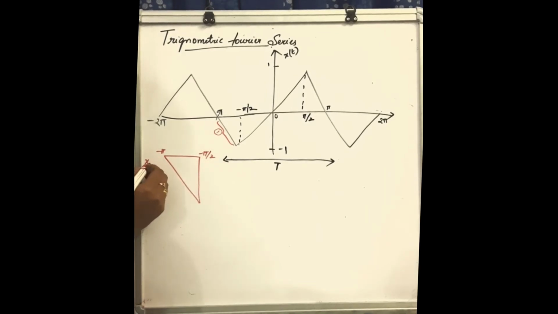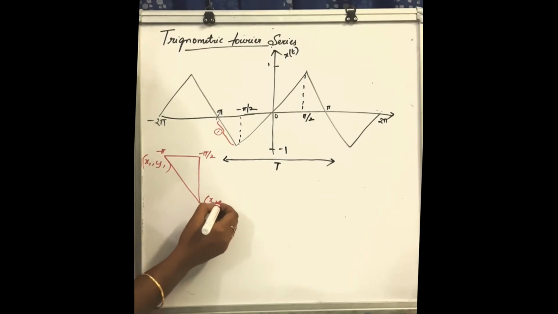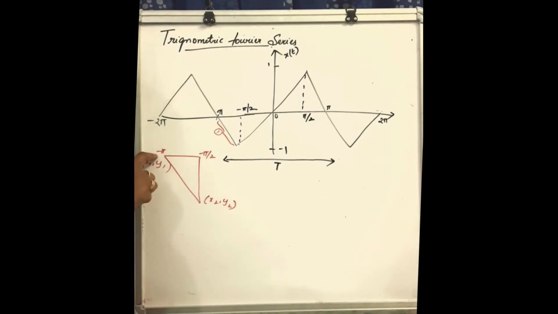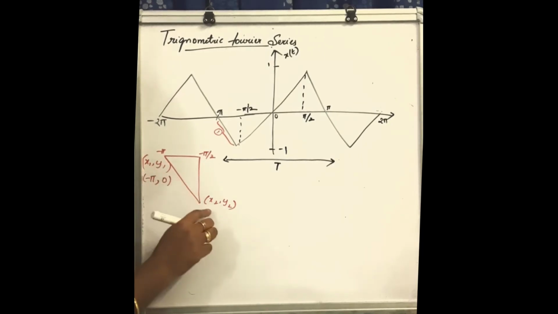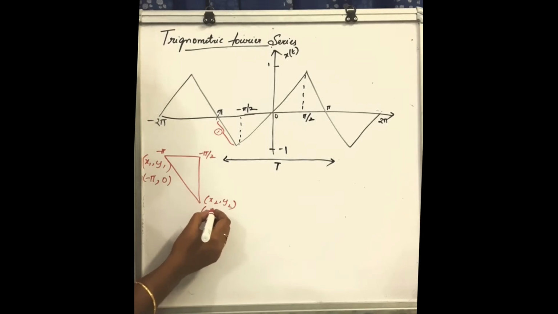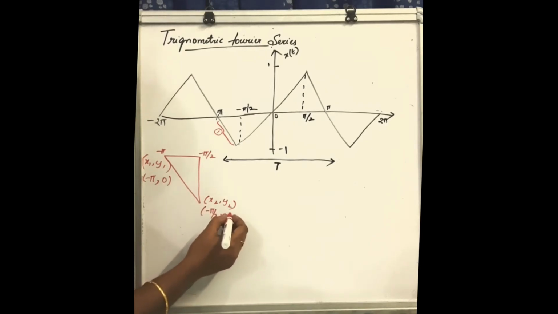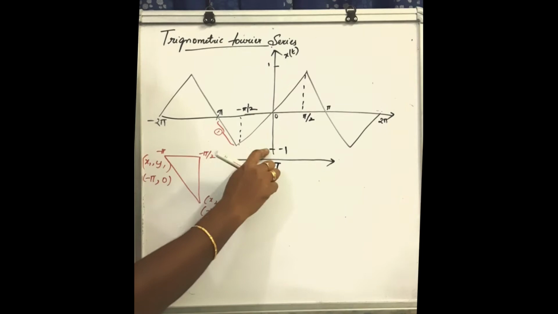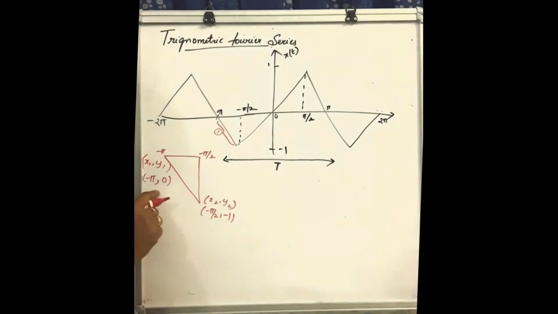Here the point will be x1 comma y1. Here it will be x2 comma y2. Now your x1 is minus pi and y1 is 0. x2 is minus pi by 2 and y2 is minus 1. Having these two, let's write the straight line equation.